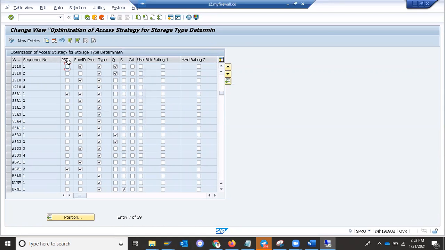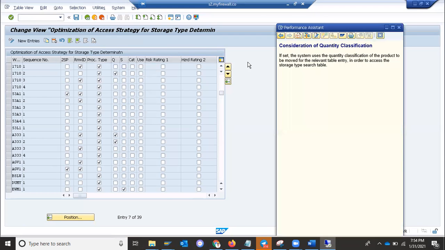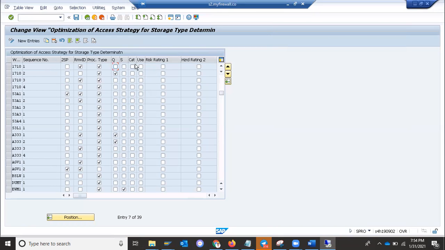2SP means two-step picking, right? Two-step picking means there will be one intermediate storage area for preparation for our shipping operation. Some stock removal ID based on the process type, based on the quantity classification, right? Based on the other parameters. So all the parameters are there.